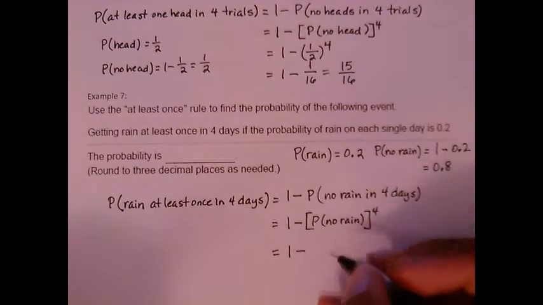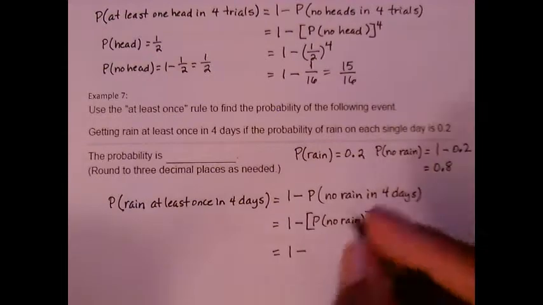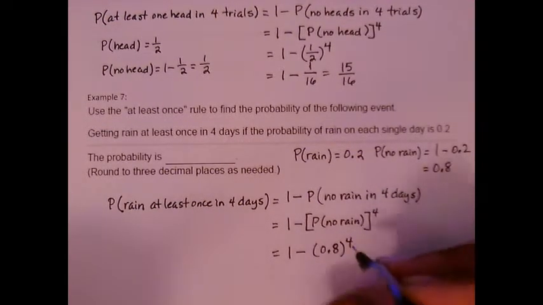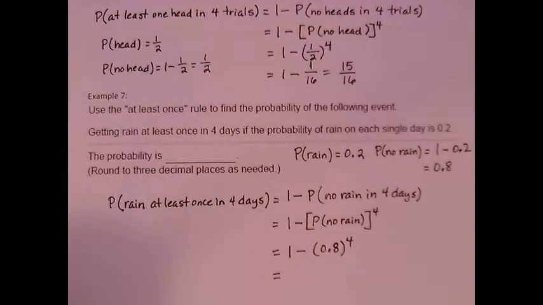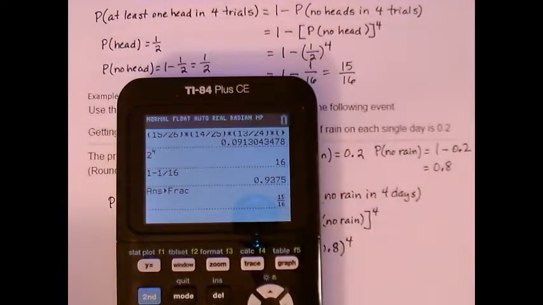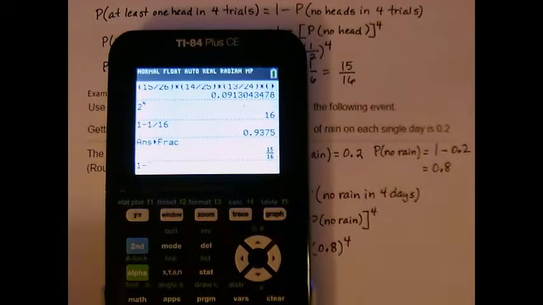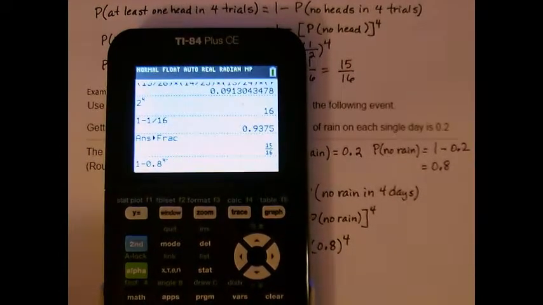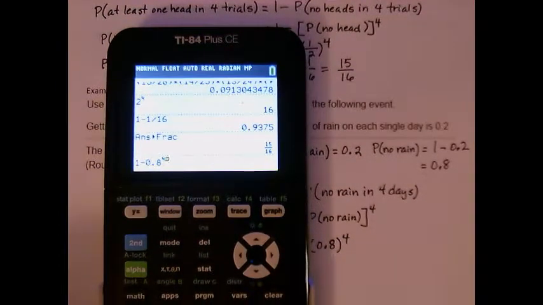So now we do 1 minus the probability of no rain. That's 0.8. That's going to be raised to the 4th power. Now in the calculator we're going to do 1 minus 0.8, then the hat key for the exponent, and then press number 4.